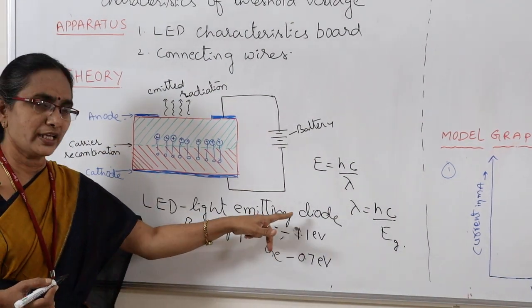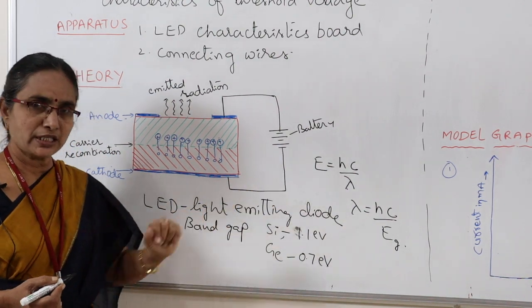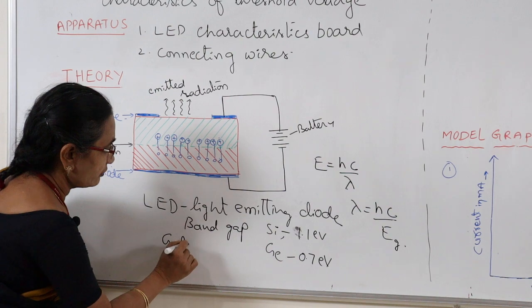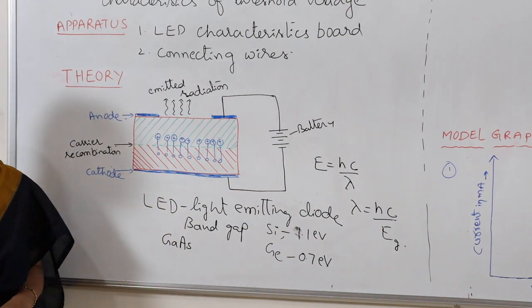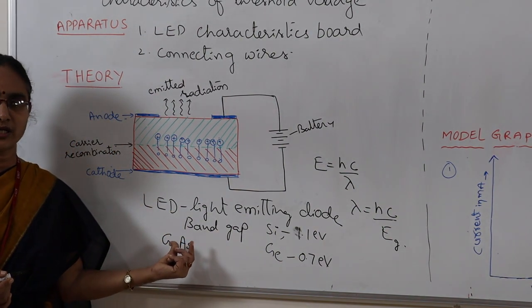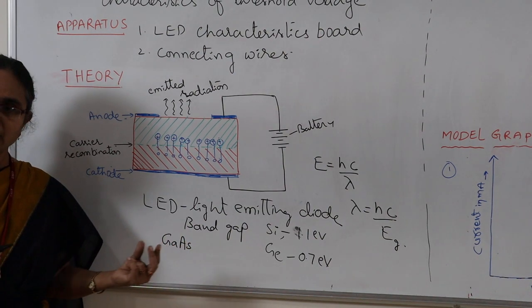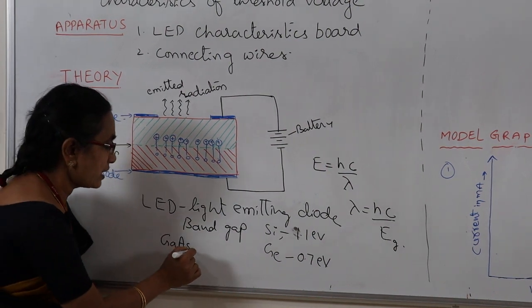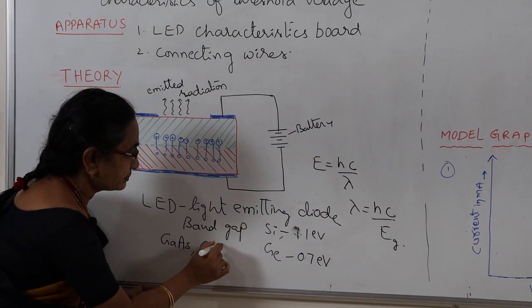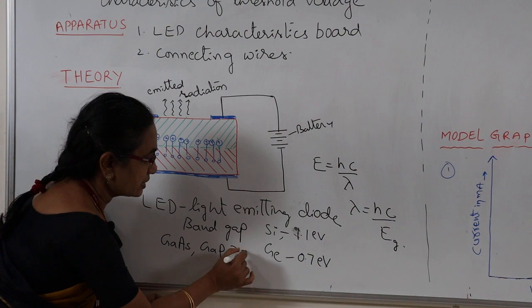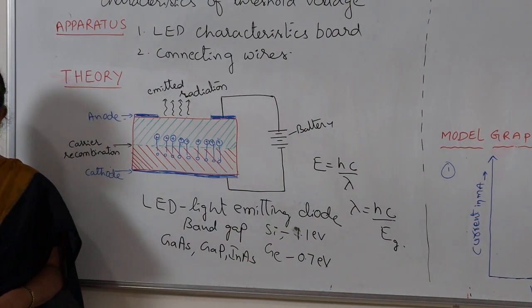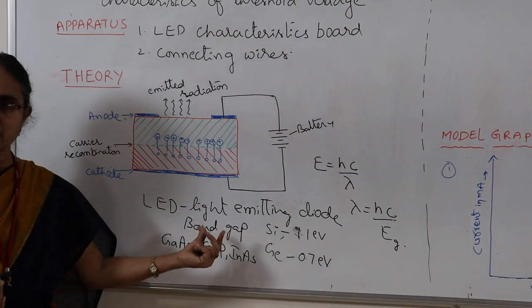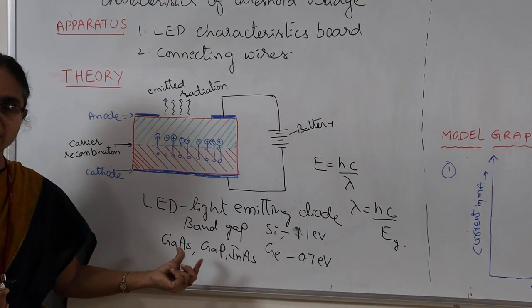Whereas for LEDs, we will not use germanium and silicon. We will use materials like gallium arsenide, which is a compound semiconductor made by forming an alloy of gallium arsenide or materials like gallium phosphide, indium arsenide, etc. Now we have a wide variety of materials available for forming these semiconductor diodes.